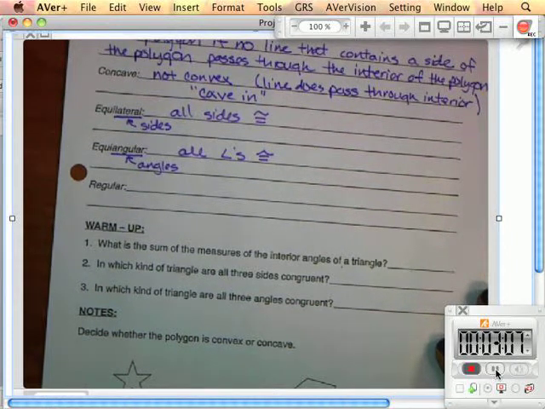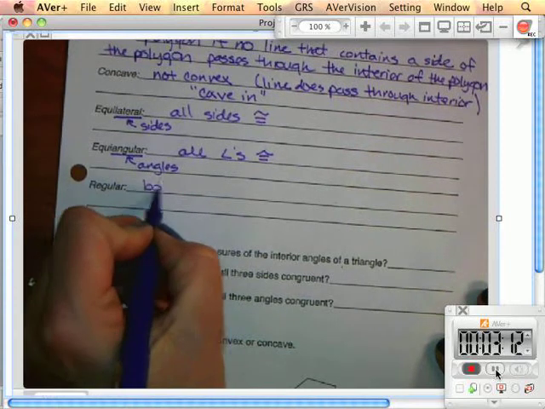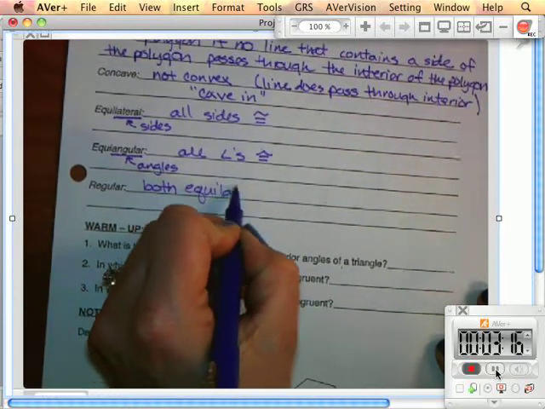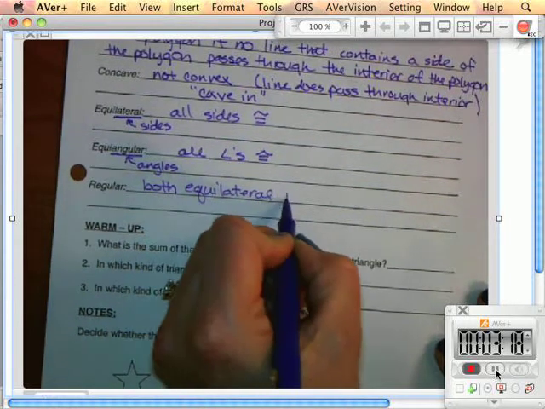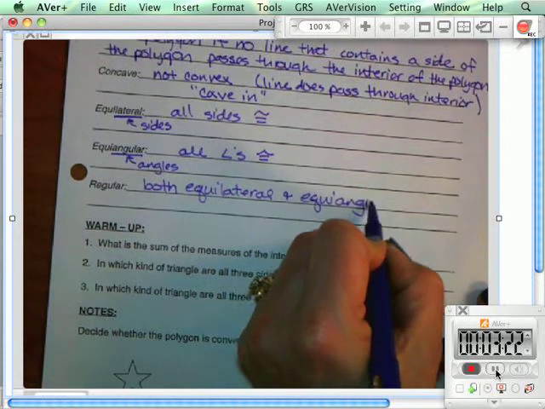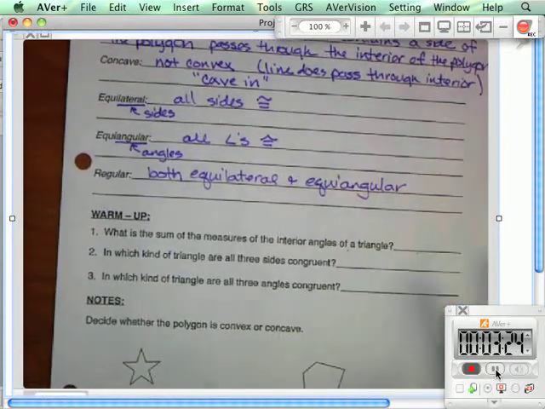Guesses? Okay, I'll just write it down. Both equilateral and equiangular. If it meets both of those, then it's called a regular polygon.